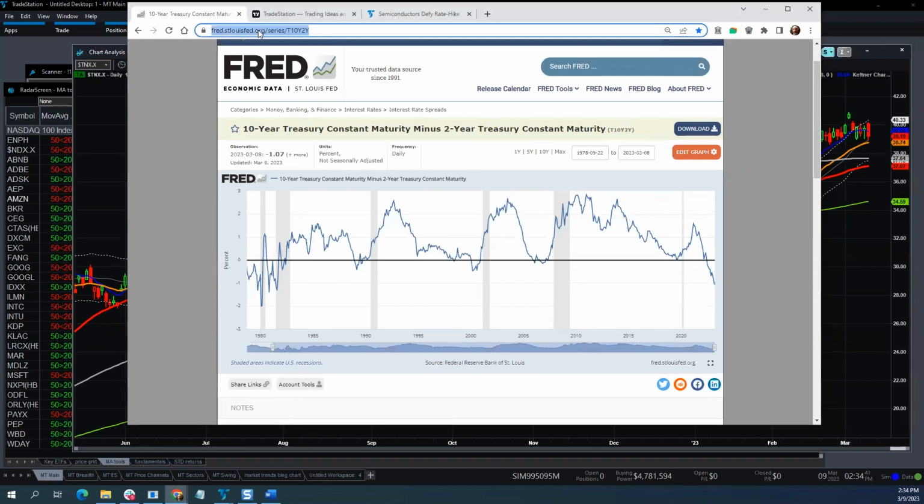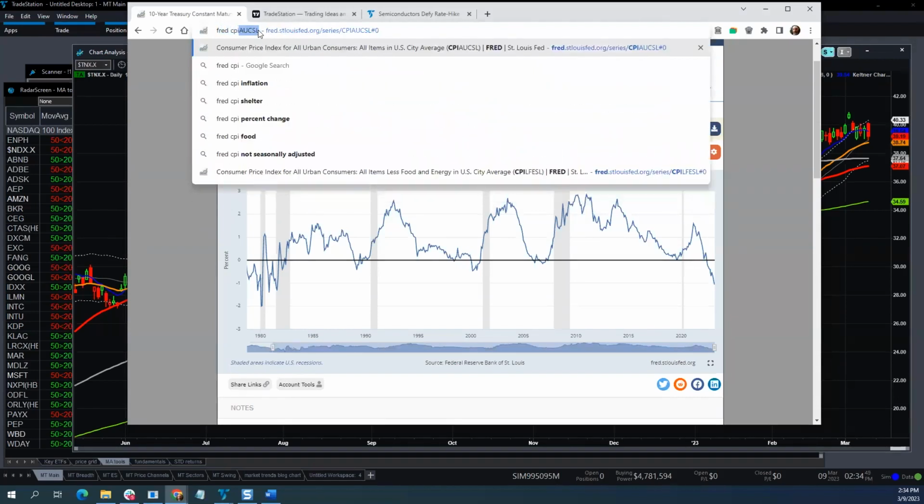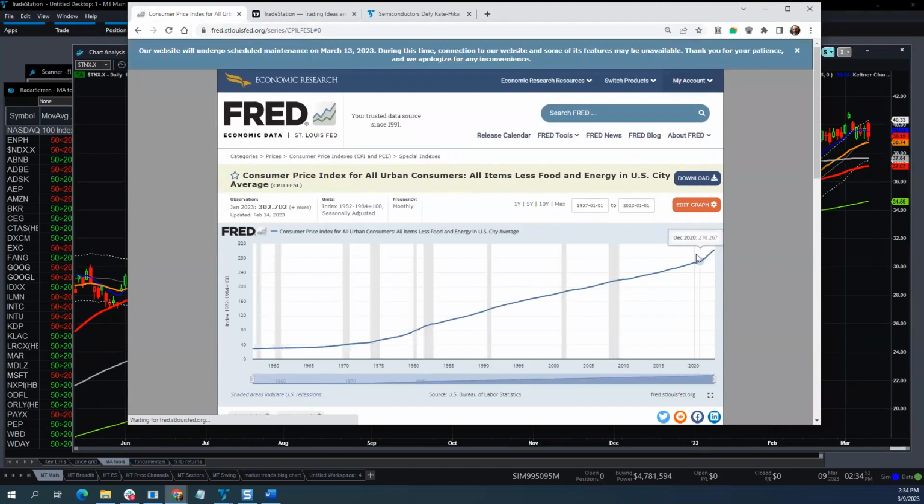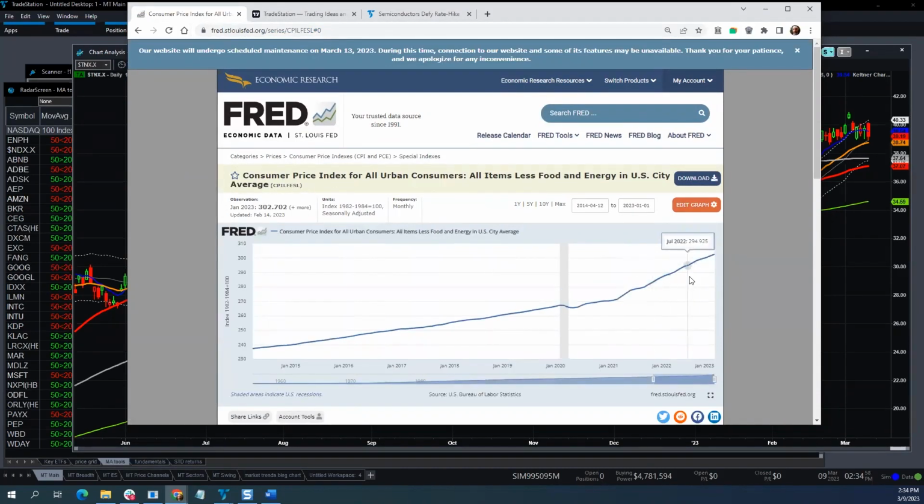Let's go to FRED, CPI, Consumer Price Index. If we look at this, this is the actual base number. If you looked at this a while back, this number was not going up. A month ago when we were talking, this was flattening out. They have since revised these numbers higher.